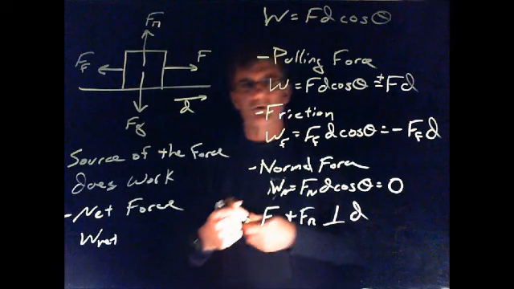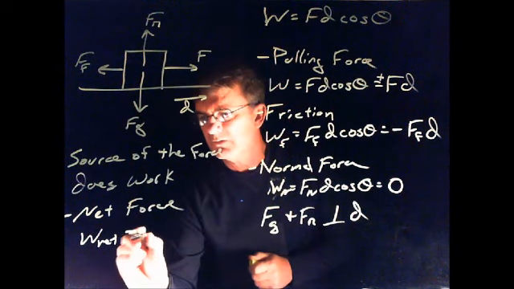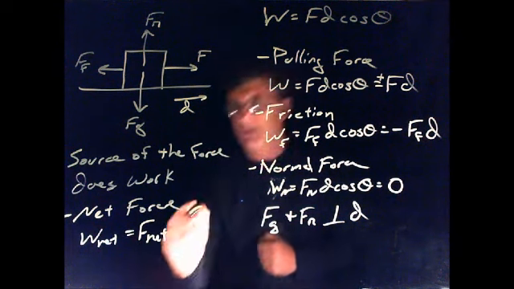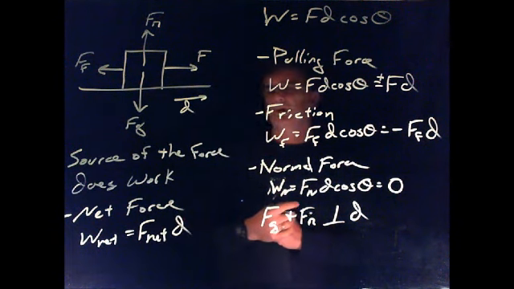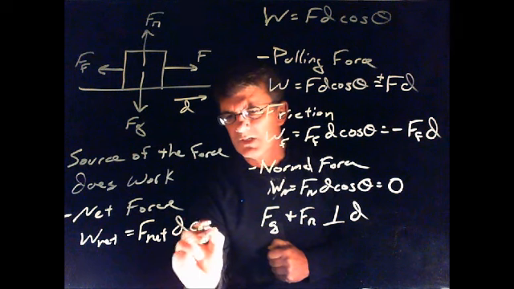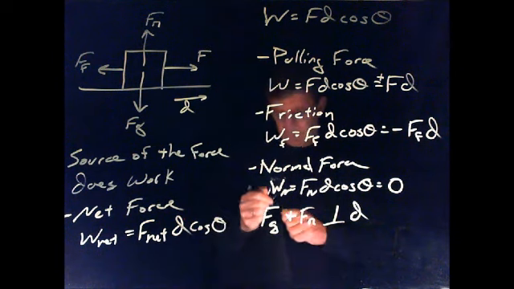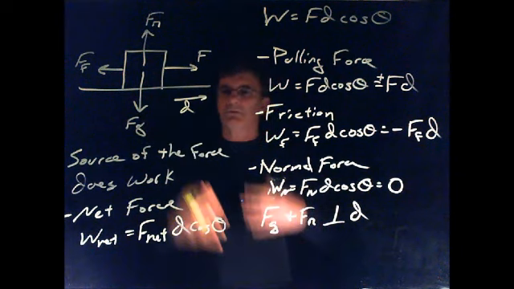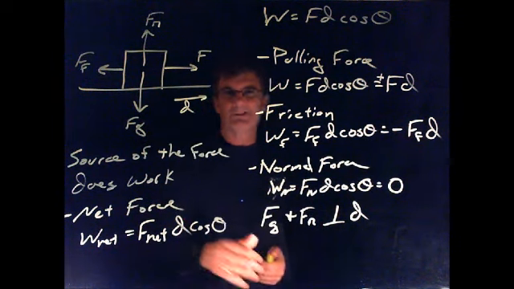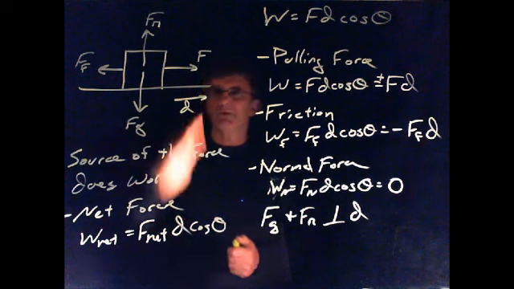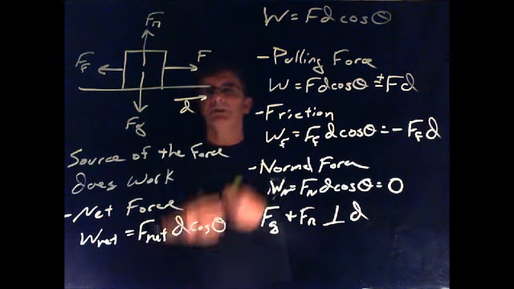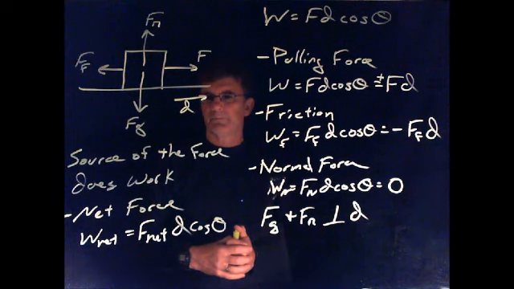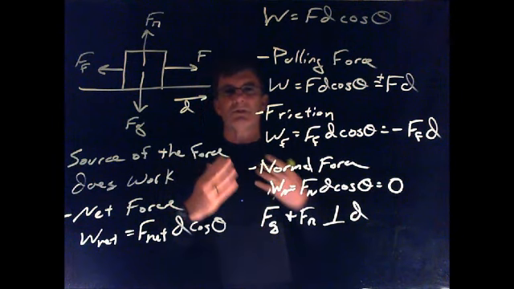If we add these numbers together, the net work is equal to my net force times d times the cosine of the angle between the net force and d. Now, in this particular case, the cosine is going to be 1, but it doesn't have to be. If I had one of these forces at an angle, the net force might not be parallel. And so this is what you've got to be careful about.